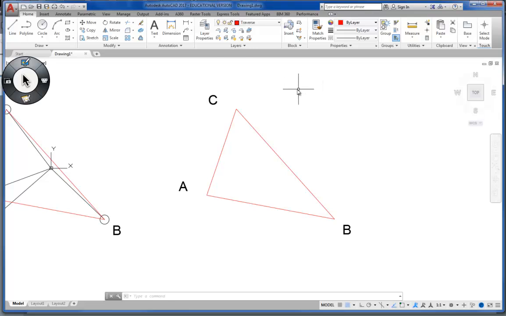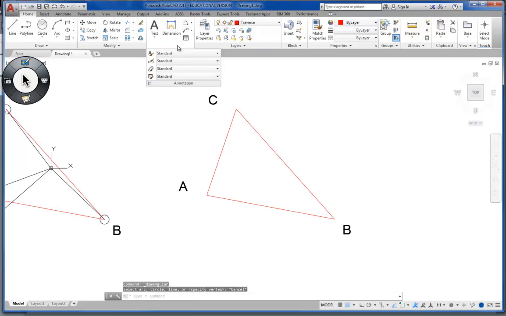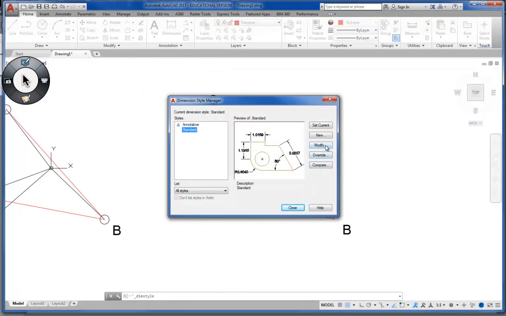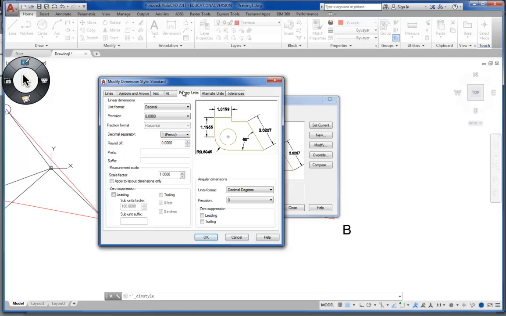And that is dimension, angular. Modify. Primary units. And my angle is set to 0.